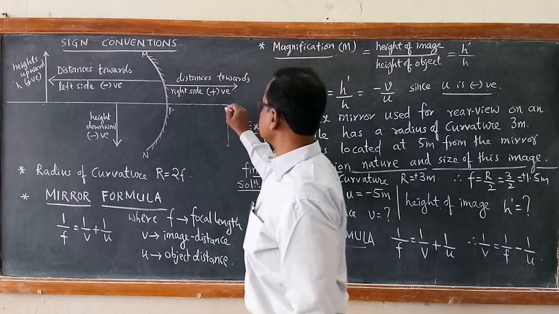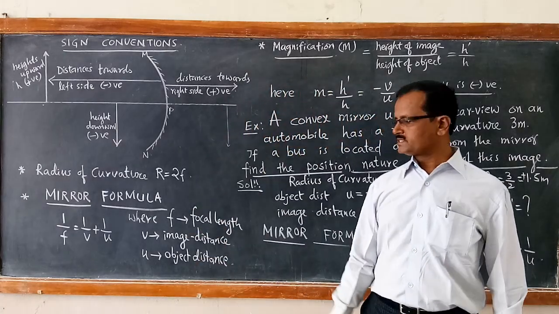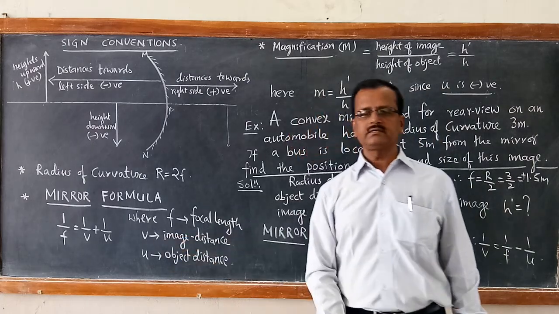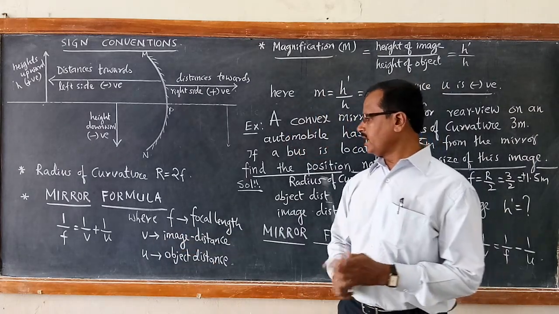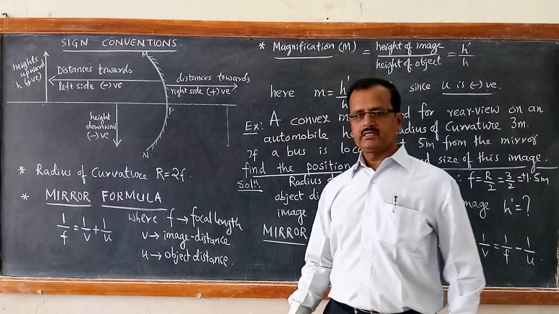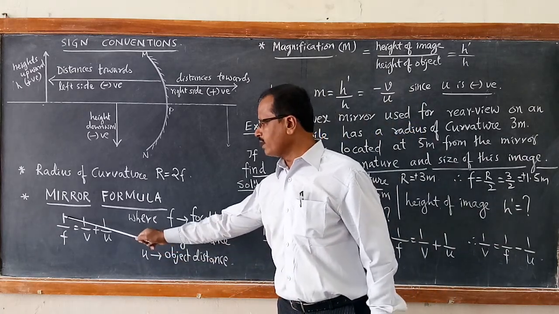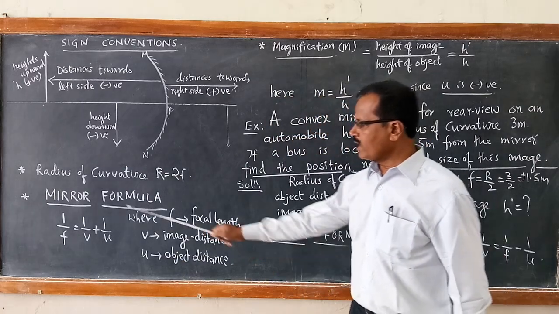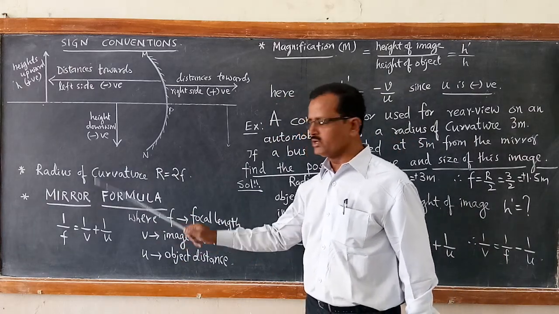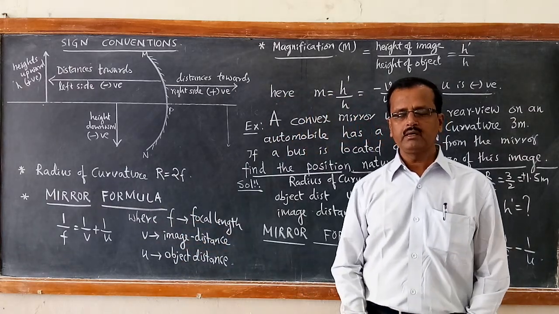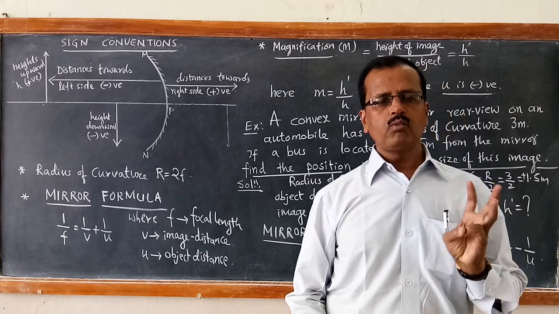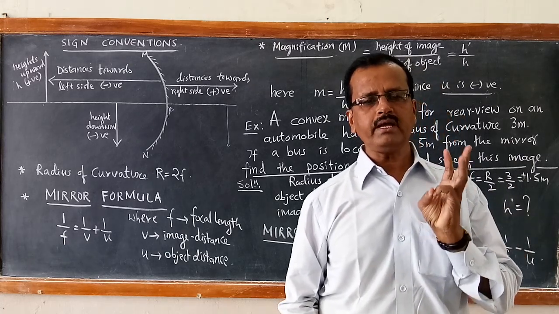This image distance measured from the pole is denoted as v, and f is the focal length. Then there is a relation between u, v and f. It is given by 1 by f is equal to 1 by v plus 1 by u. Very simple to remember.